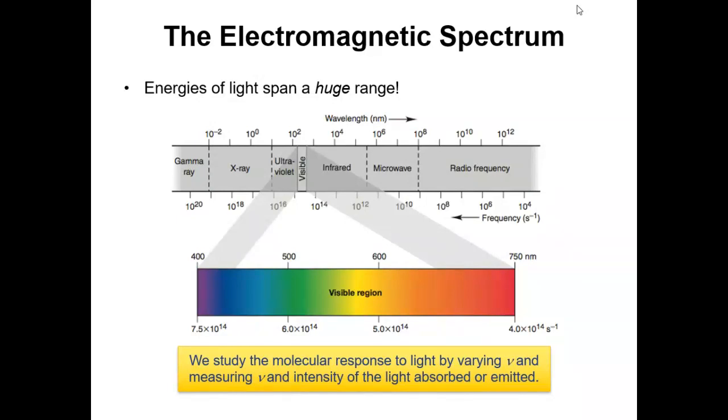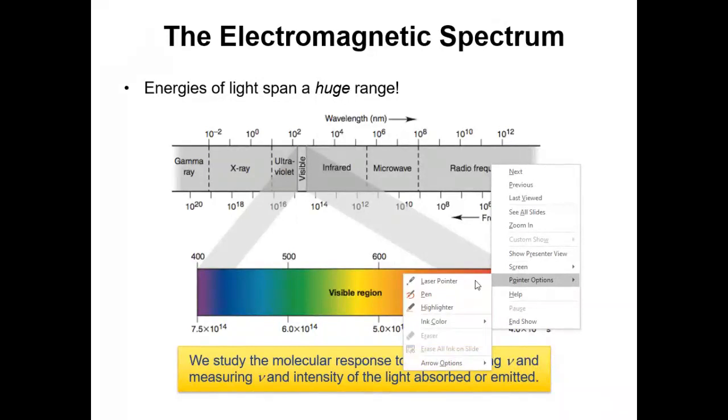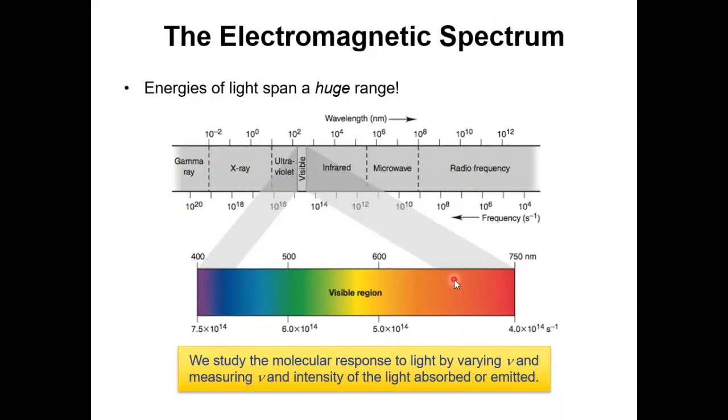Okay. In the case of NMR, we use a radio frequency wave as an electromagnetic wave to interact with our sample. But in other spectroscopic methods, we can also use a different electromagnetic wave.